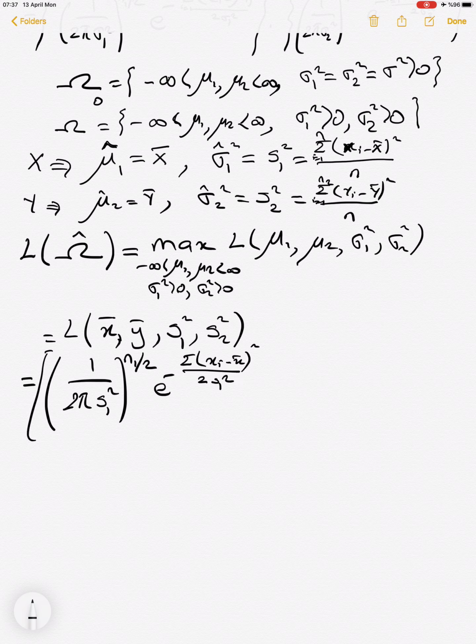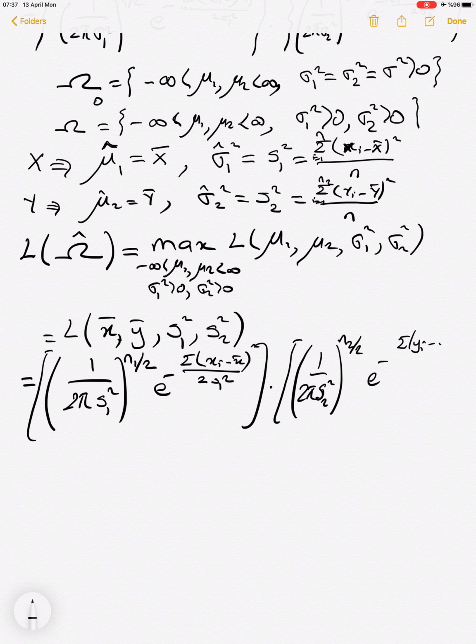This is coming from the first one, and do the same thing for y. So we will have s2 square, to the power n2 over 2, and e to the minus summation yi minus y bar whole square divided by 2 s2 square.